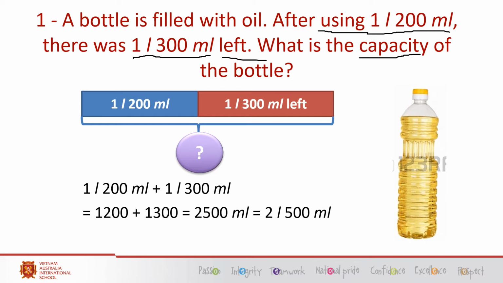Before we add, remember to convert the unit from liters and milliliters to milliliters, and we find the total. The answer is 2,500 milliliters. Then we convert back to liters and milliliters. When you finish, check your work carefully. Now we move to the next one.